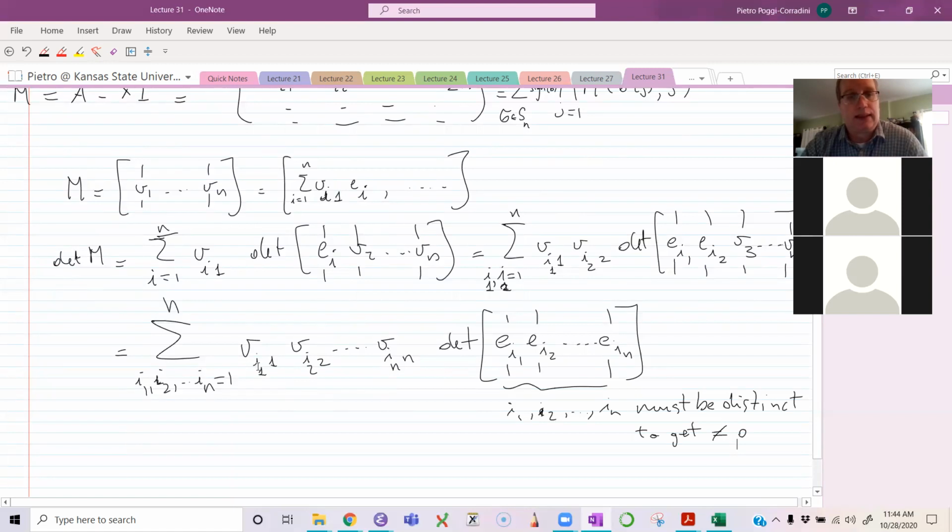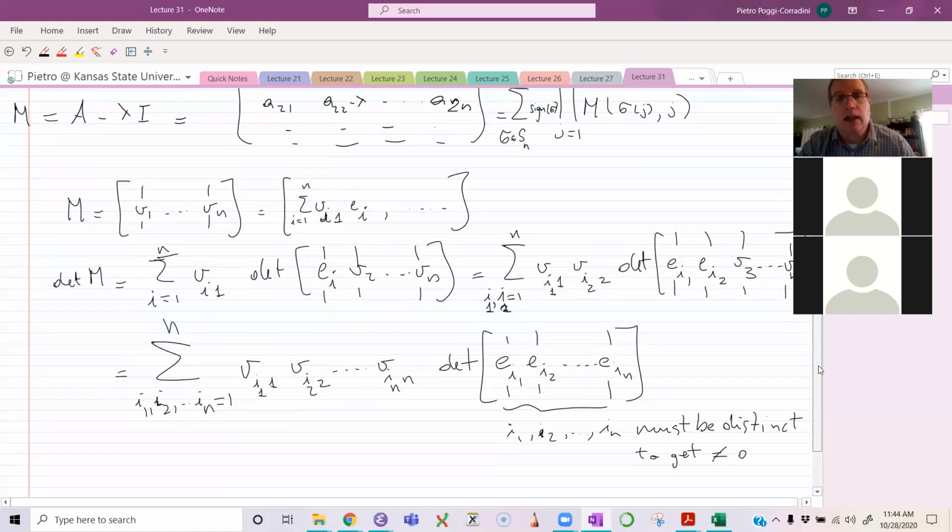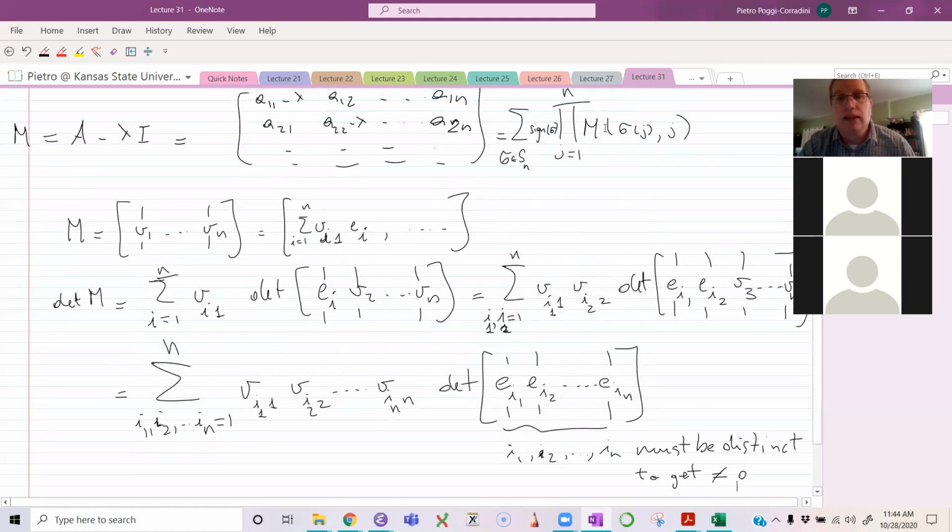Okay, so that's what I have written. So you pick a permutation, you take the product. That's another way of writing it, like this. Sigma j is the permutation here that you pick.